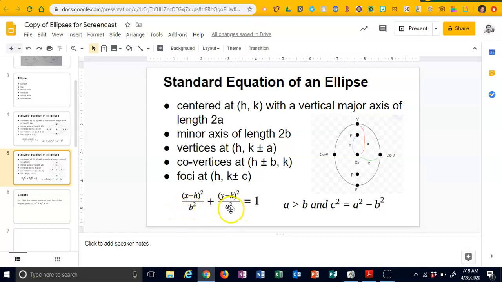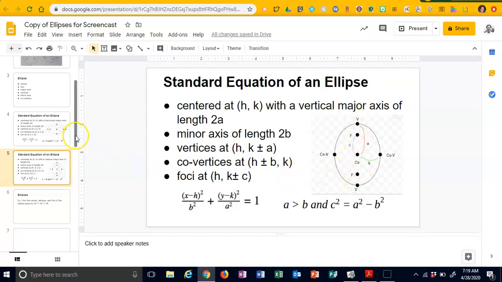So now the a squared is underneath the y portion of the standard equation of an ellipse, because it's bigger and this is longer in the vertical direction. So this is like a football that's on a tee being held upward.